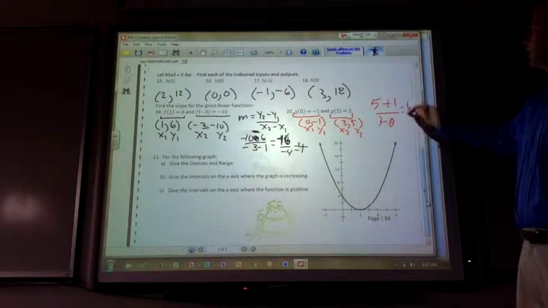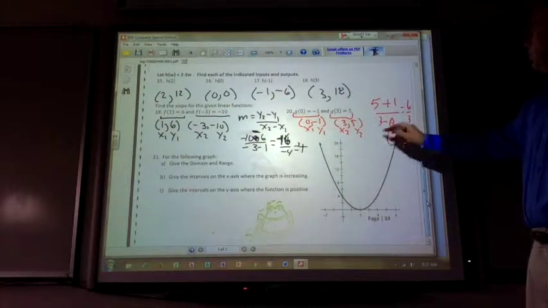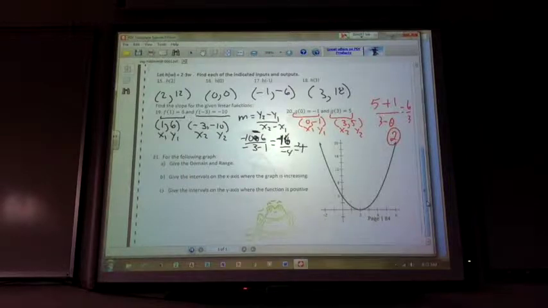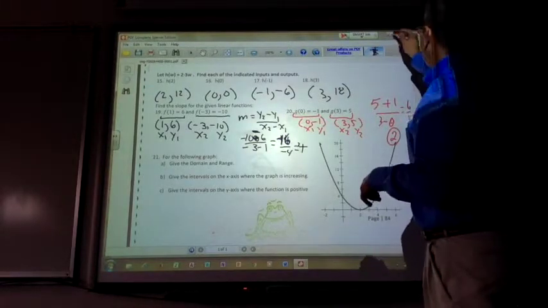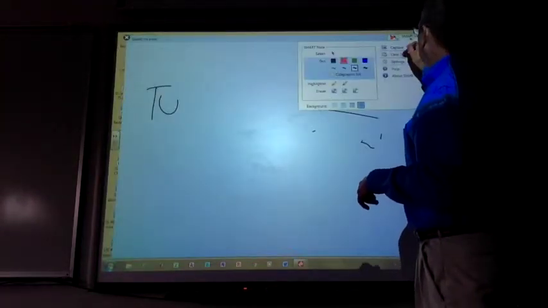So that's 6 over 3, which is 2. Is that right? So input, output, x comma y. Input, I. So things to think about is this.